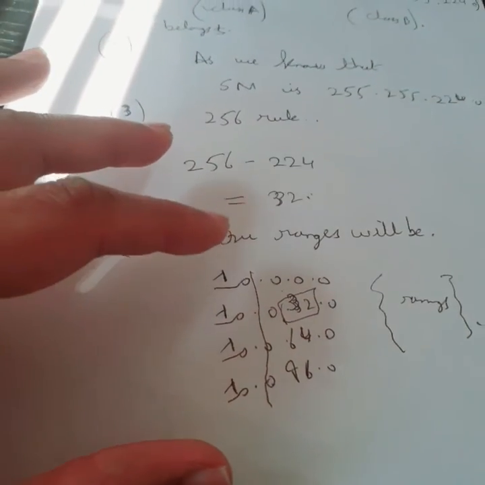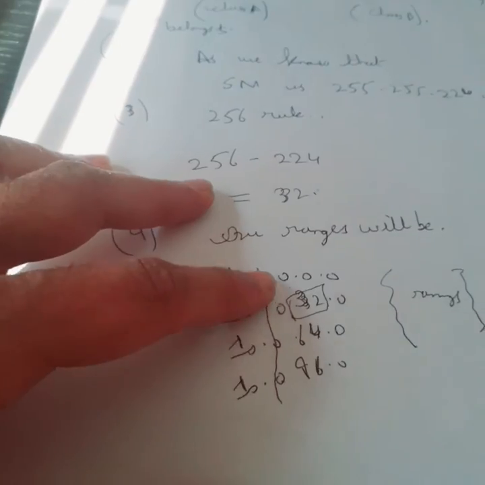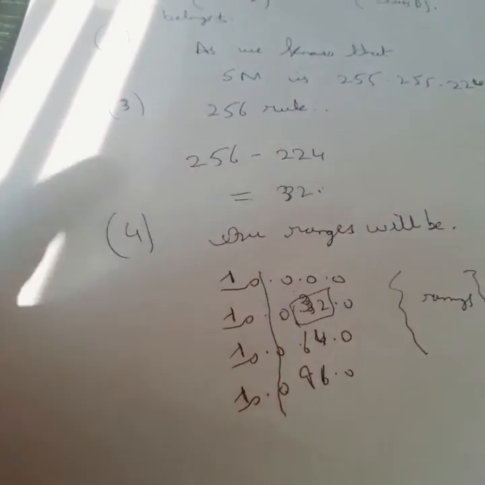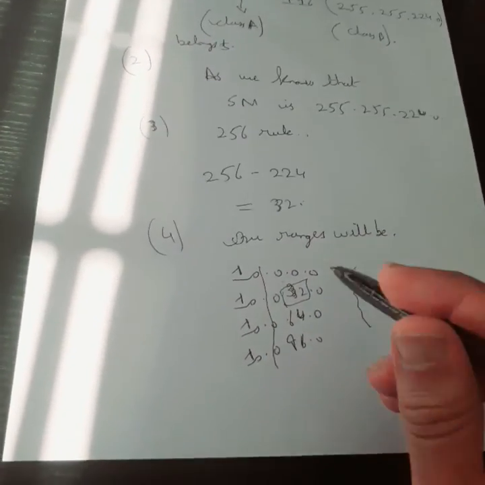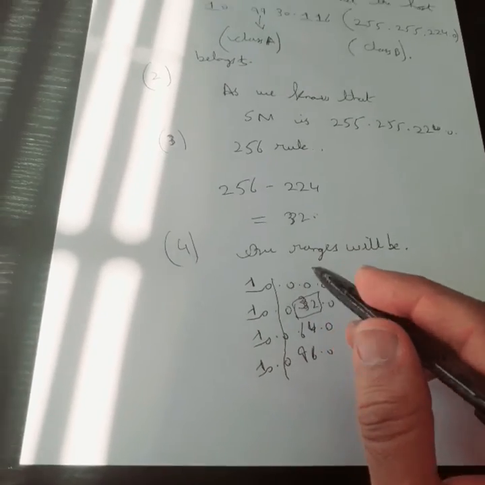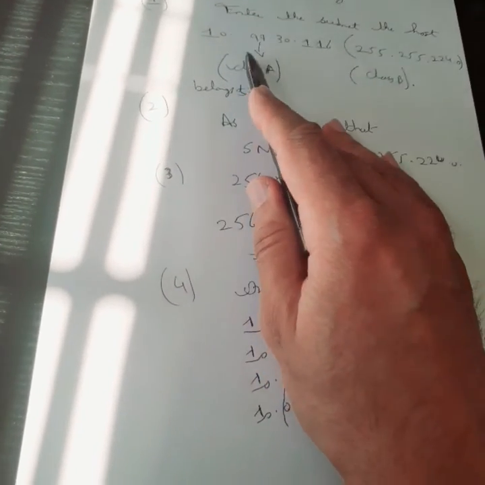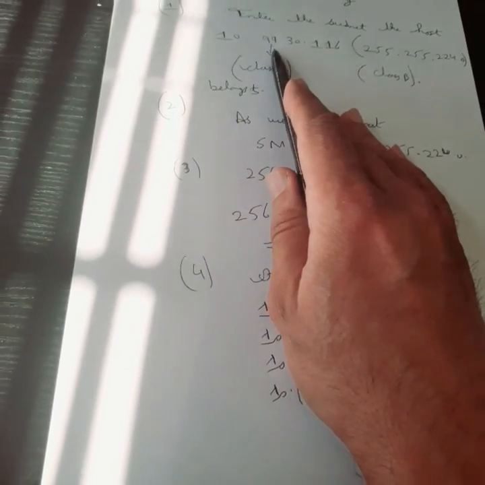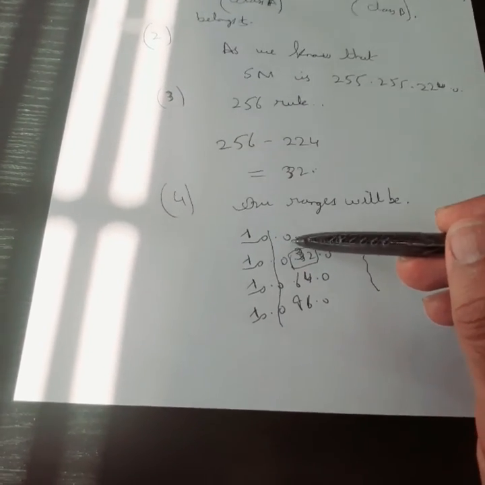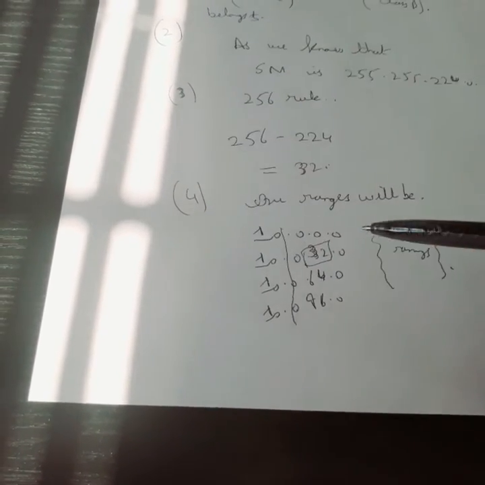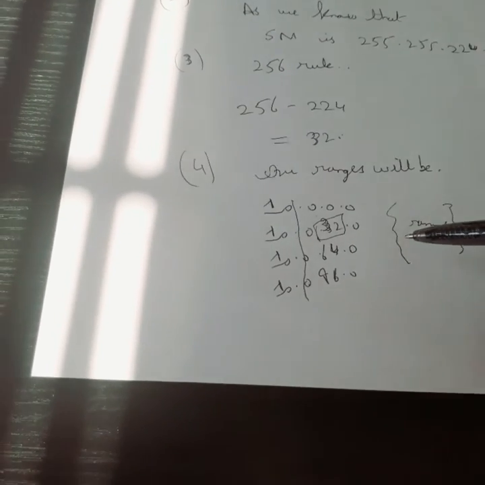But then again, because we have to work in this area, what we have to do is copy. If you see, our main IP address 99 is here in the second octet. So we have to shift 99 here. Do not forget that, otherwise your answer is going to be wrong.